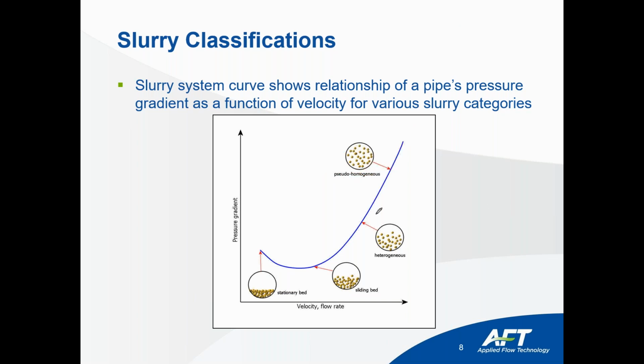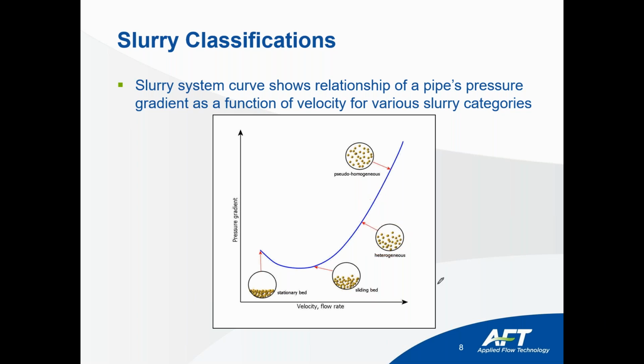But if not, at a little bit lower flows, you would have a heterogeneous category, and that's where you're still pumping your solids down the pipeline, but it's in a non-uniform distribution. So everything is still moving smoothly down the pipe, but you're not going to have a straightforward uniform mixture there. So it's okay to still operate there, but you'd want to try and operate further up at higher rates of velocity.